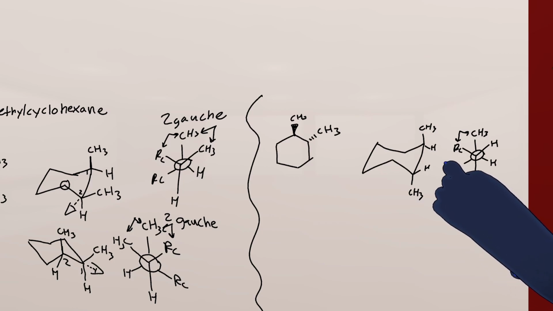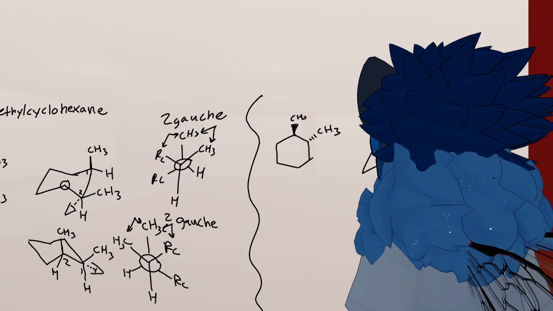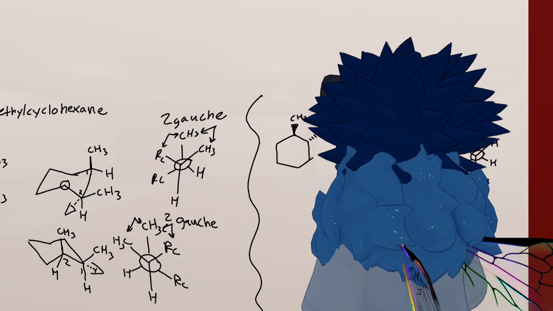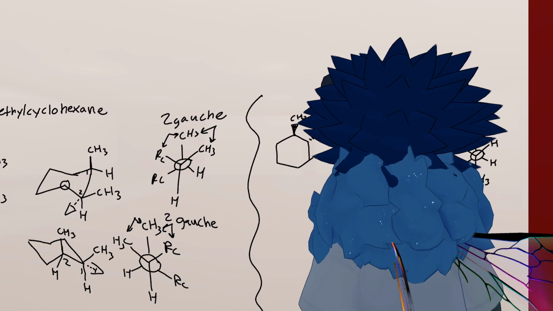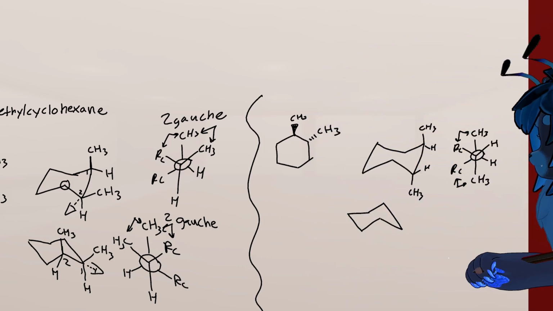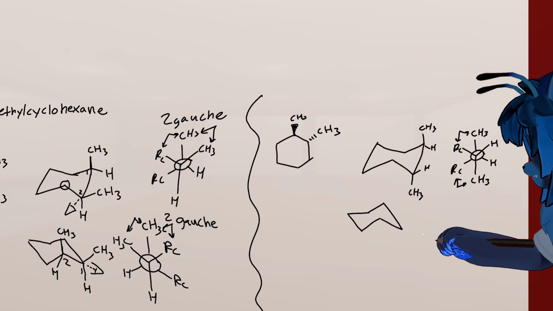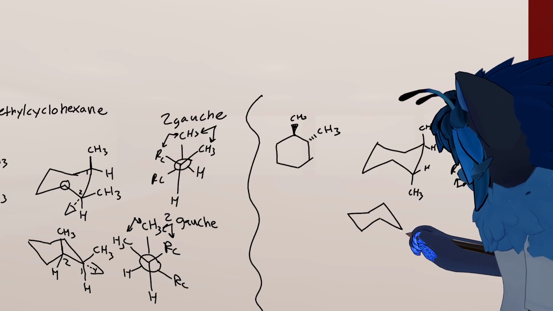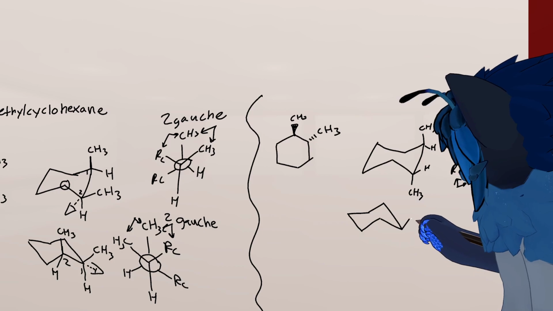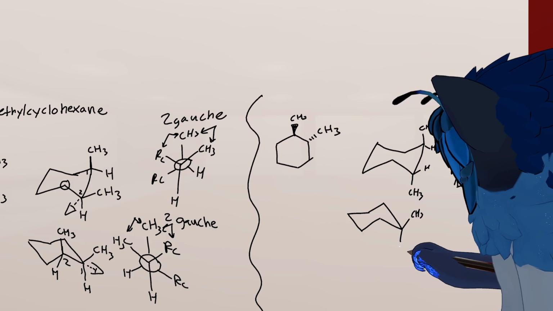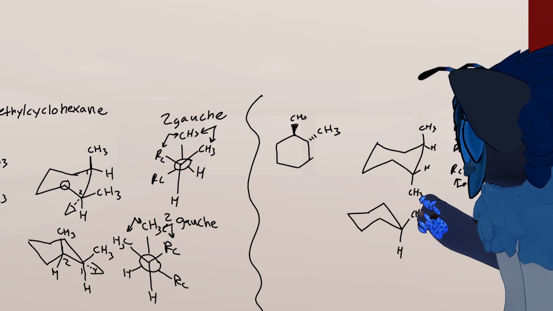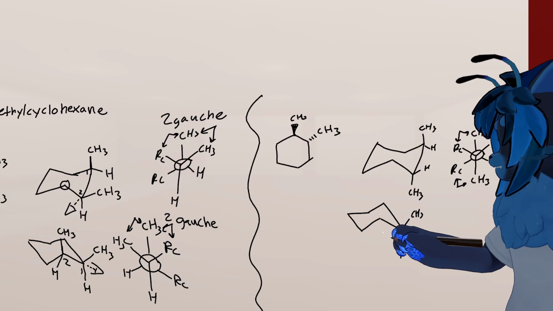If we were to chair flip this, and let's rotate it one clockwise. So this was down, this would be up. And since this was down, it'll stay down.